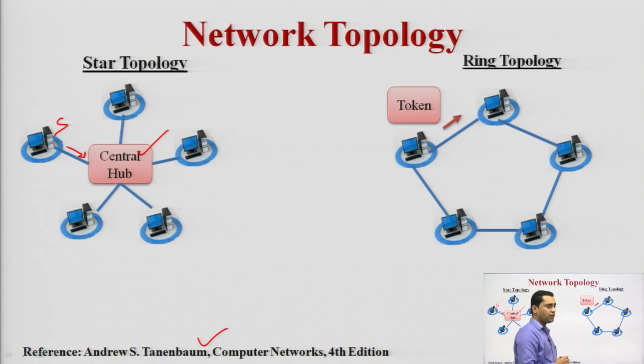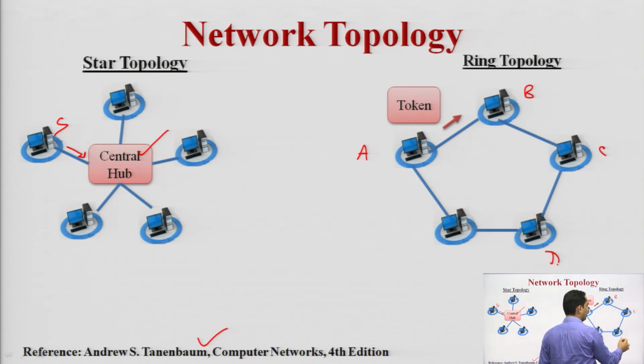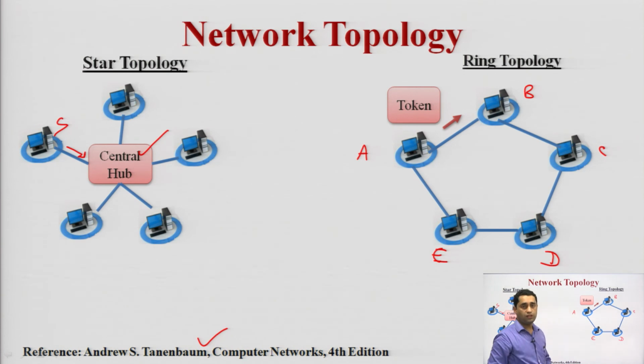Another category is the ring topology. Ring topology is preferable when we do not want collision of packets. Suppose there are 5 nodes, and A, B, C, D, all these nodes are sending their data to everybody. In this case there may be congestion in the network.